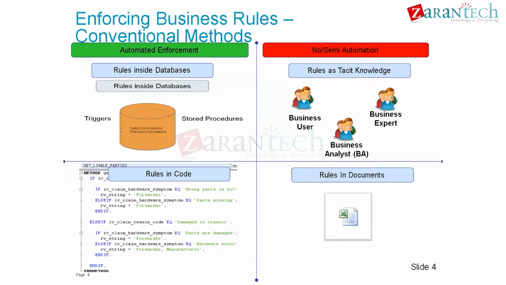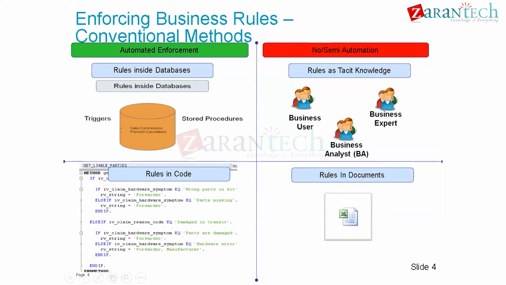BRF Plus is not a fully automated scenario, but it helps us convert most of the scenarios into semi-automation, or you can say some automated part. I would not say 100%, but yes, most of the things have been changed to the automated part. Okay, as you can see in the image, automated enforcement and semi-automation.